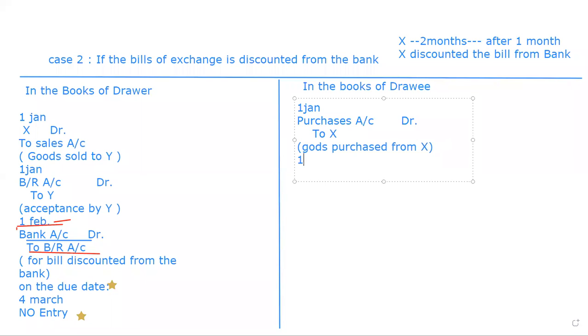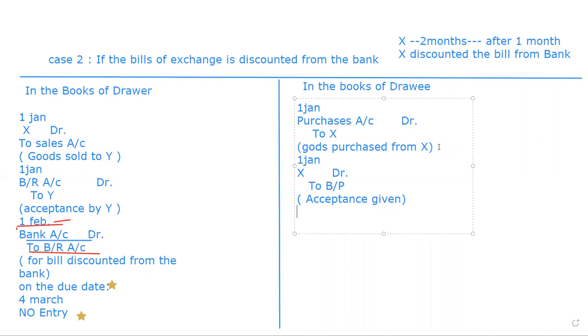On 1st January, again, when the bill is accepted, the second entry is to be done, and that will be X debit to bills payable, because Y accepted the bill. The narration will be acceptance given.